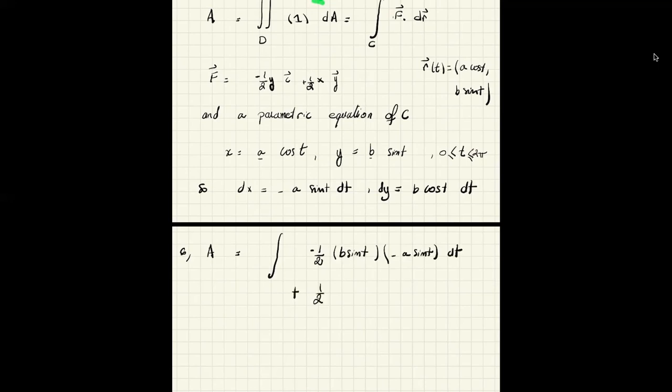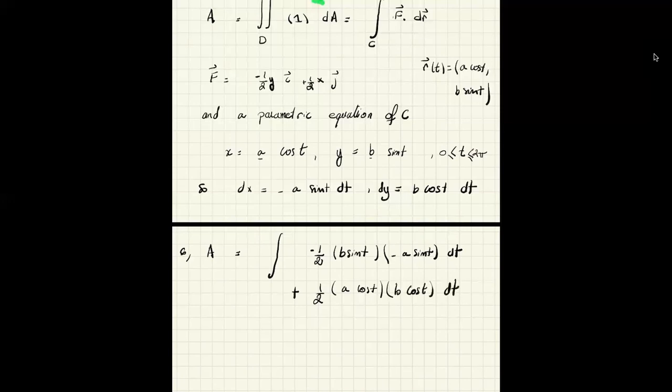What is x? It's a cos t. And what is dy? It's b cos t dt.